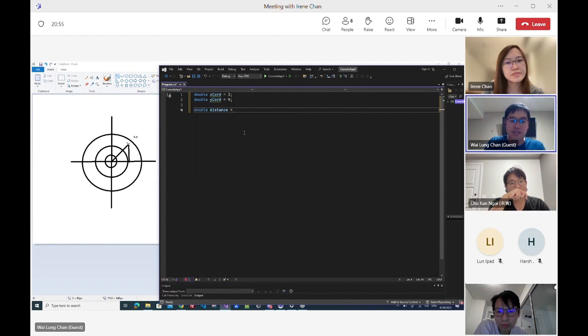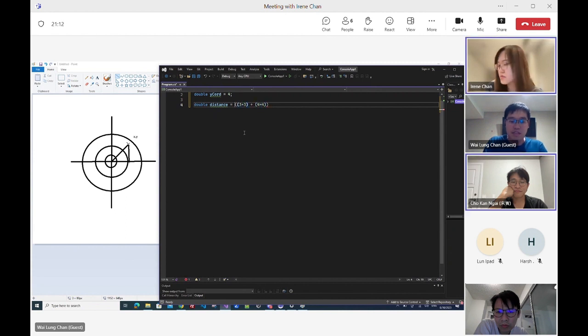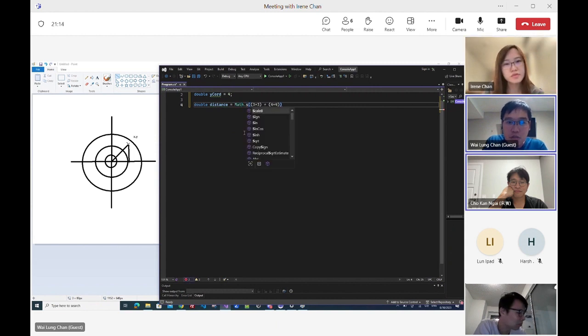Here is 3 times 3 plus 4 times 4, and then it's some math function, method, sqrt. Yeah, this one. And we get the distance.